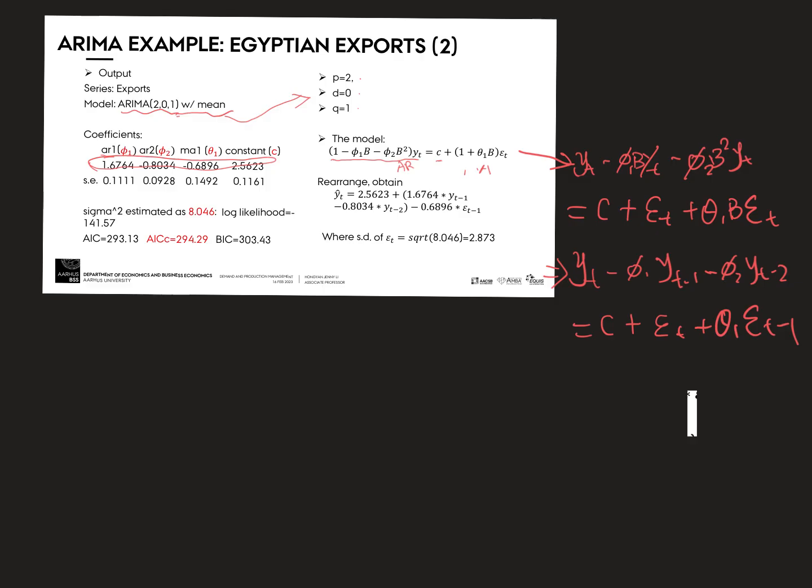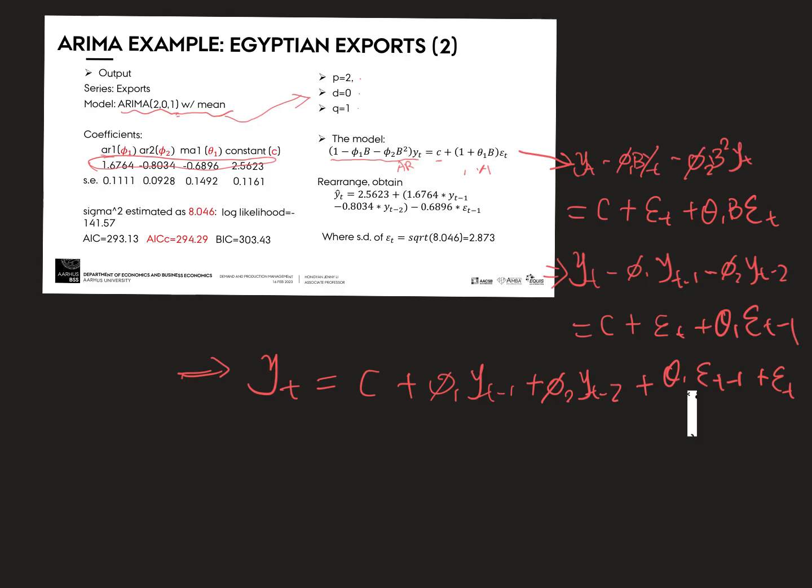Then you rearrange this, and we get y t equals c plus phi 1 y t minus 1 plus phi 2 y t minus 2, plus theta 1 epsilon t minus 1 plus epsilon t. And this basically is your formula.